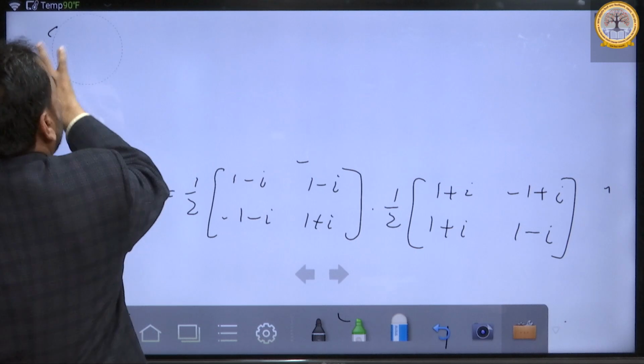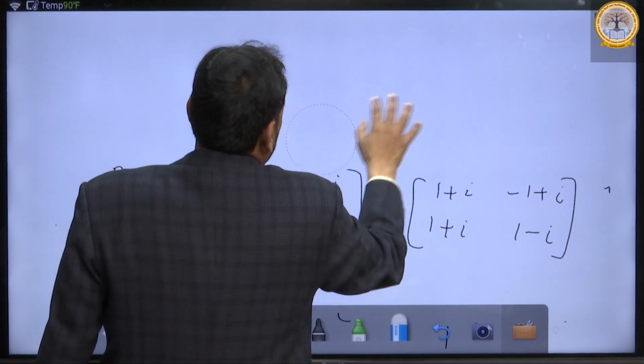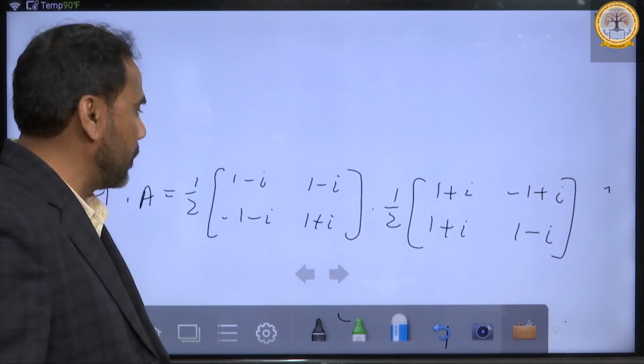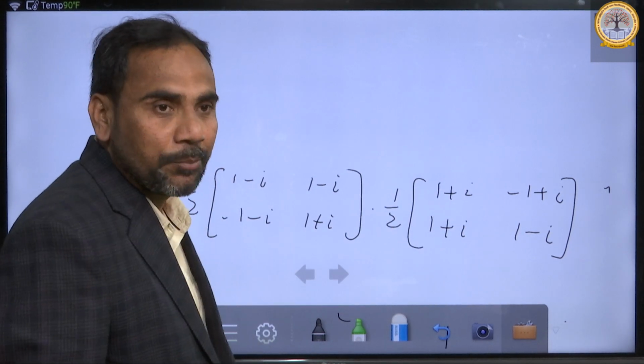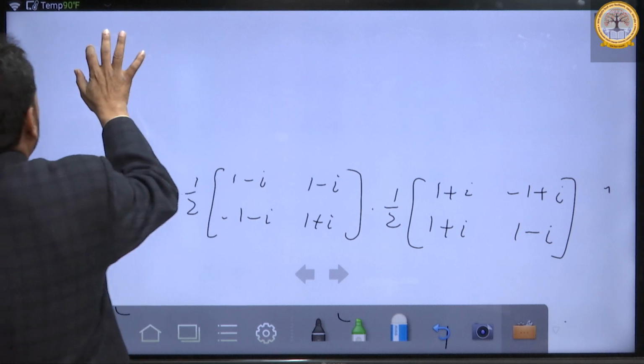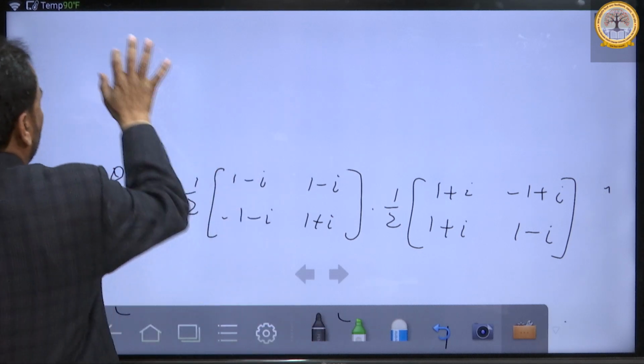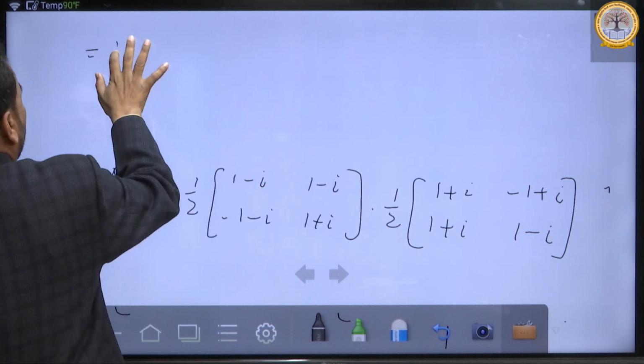In multiplication of matrices, here the order is 2 cross 2 and here the order is 2 cross 2, so multiplication is possible. So we have 1 by 2 times 1 by 2, which is 1 by 4.